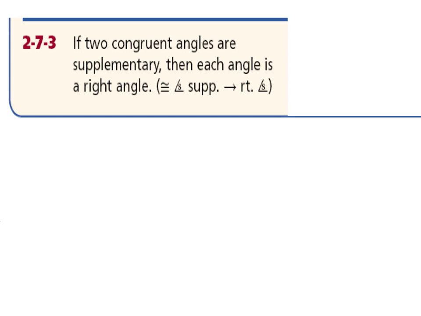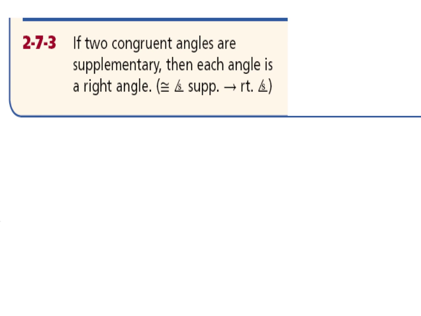It says if two congruent angles are supplementary, so what's the hypothesis? You need two angles that are congruent and supplementary. Then each angle is a right angle. So your conclusion is both angles are right angles. Now think about that a little bit.